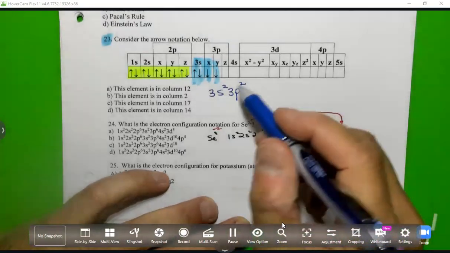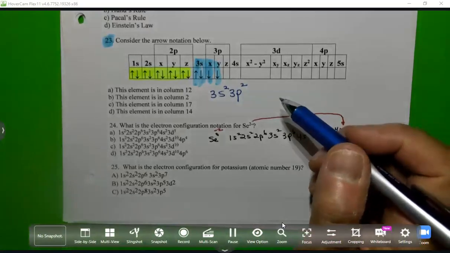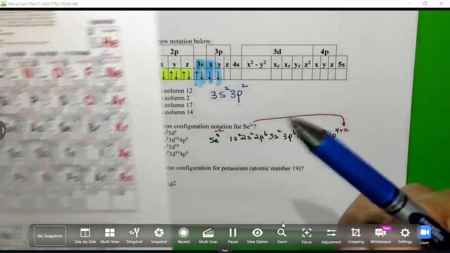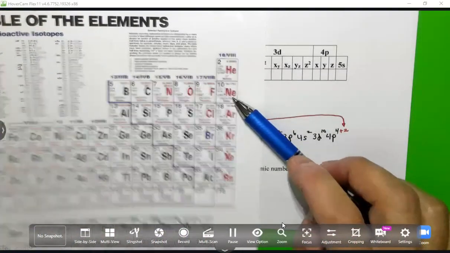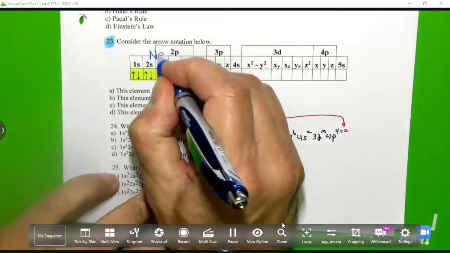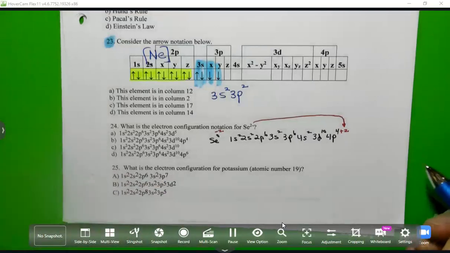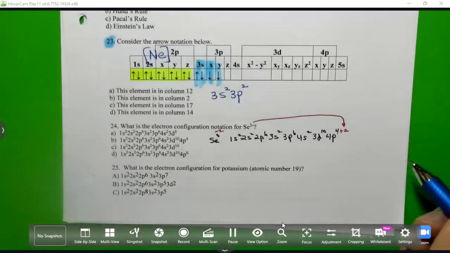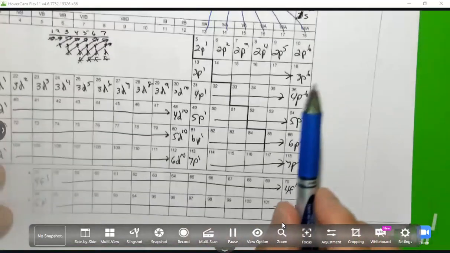And we could write this down using our group 18 noble gas configuration. We would do neon in brackets because this portion right here is neon. So if it ends in 3s2, 3p2, first of all, it ends in p2.